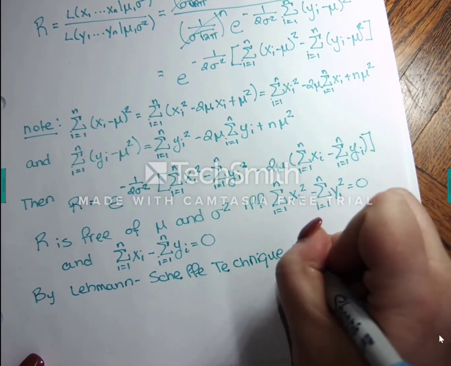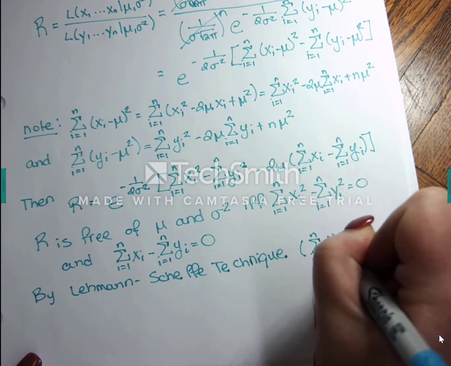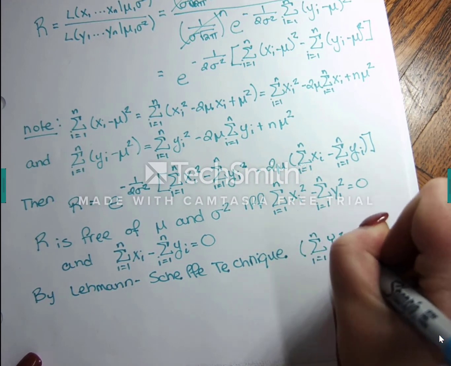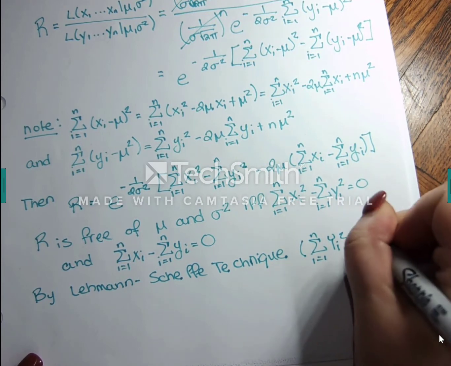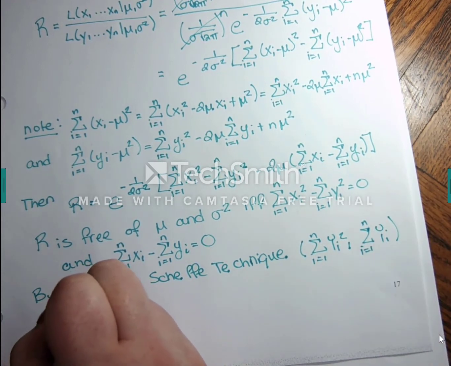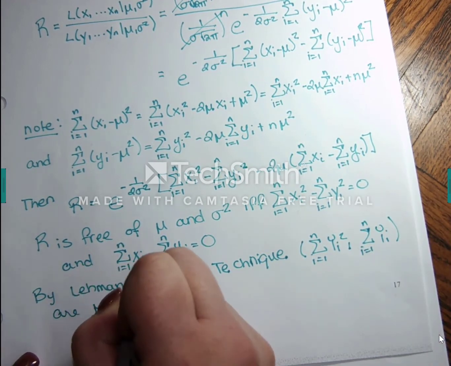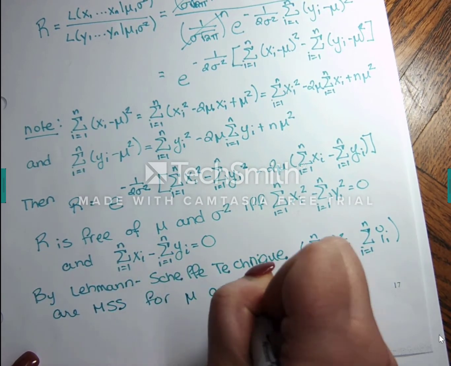It's going to be a vector. So it's going to be the sum i equals 1 to n yi squared, comma, the sum i equals 1 to n yi. And so these are going to be the minimal sufficient statistics for mu and sigma squared.